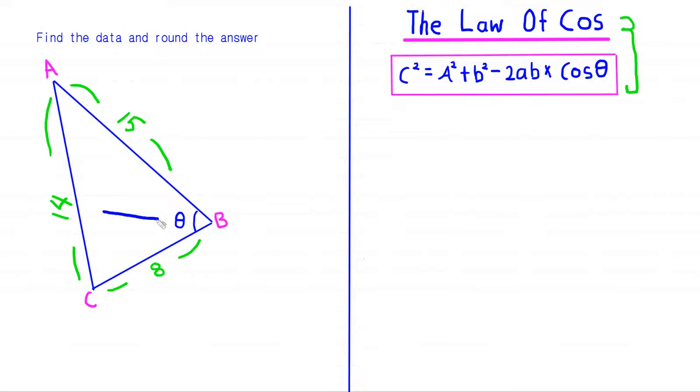We are already told that c squared is opposite of the angle that we want to find, which is equal to 14. So if you apply the law of cosines, it's going to be 14 squared is equal to a squared plus b squared.